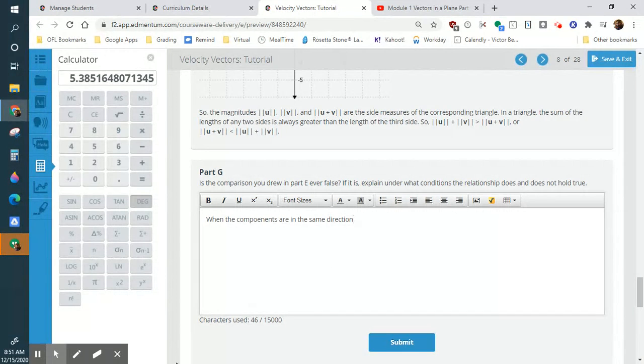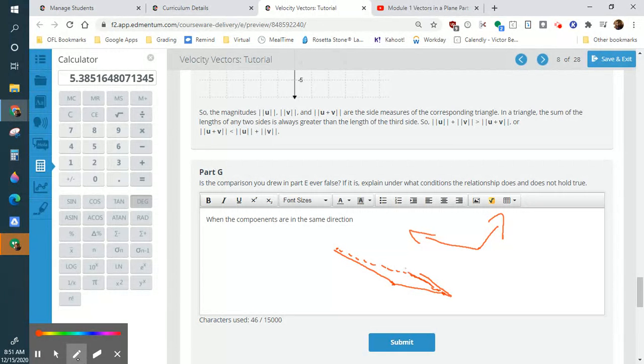Like I said, what I mean by that is, let me draw a picture. If we have a vector going this way and a vector going this way, the sum is going to end up being smaller. But if we have a vector going this way and a vector also going this way, it's going to go even further and create this really huge magnitude right here, whereas this one kind of dumbs it down.